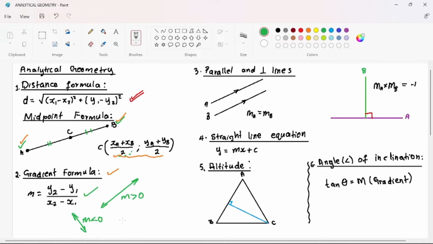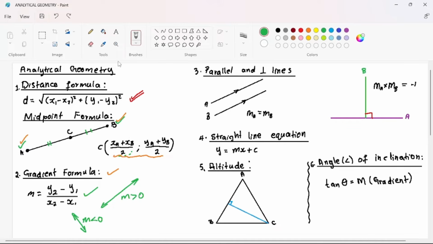So our gradient determines how your straight line graph is going to look, and it also tells you how steep it's going to be, because we can have a graph that is almost a flat line like this, and then we can also have a graph that is going upwards like this.